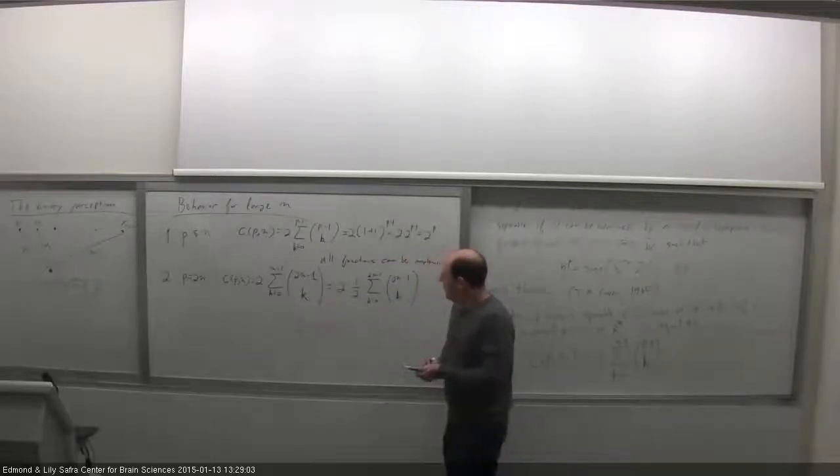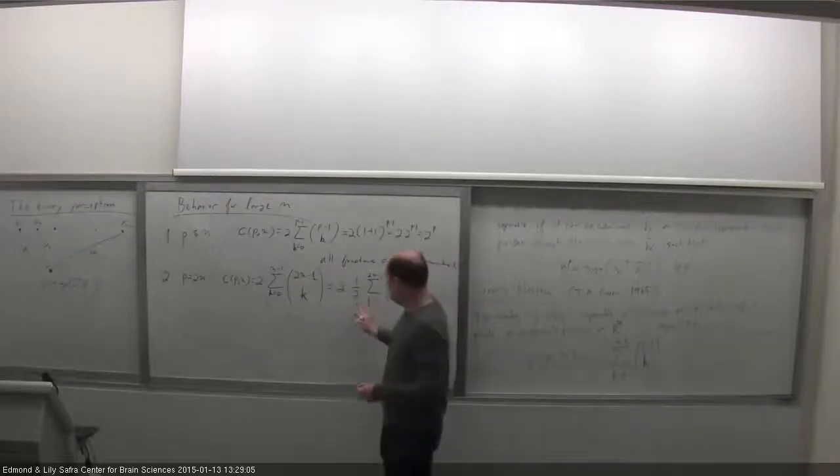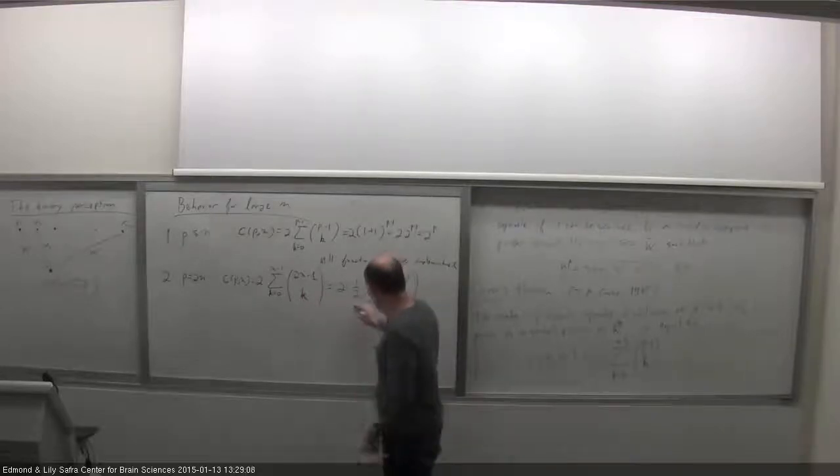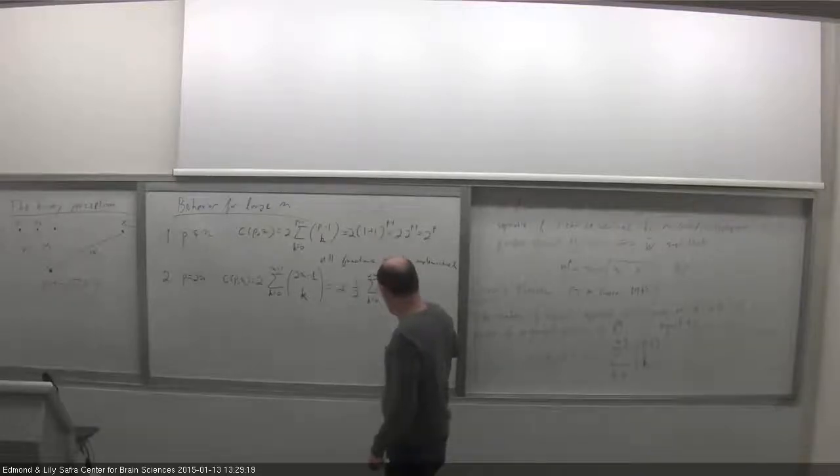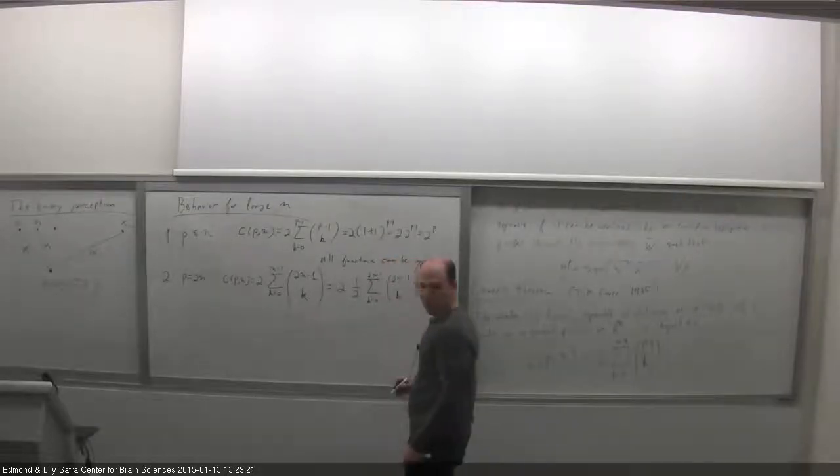And why am I doing this? Note that here I have 2n terms, 0 up to n minus 1, and then n up to 2n minus 1.